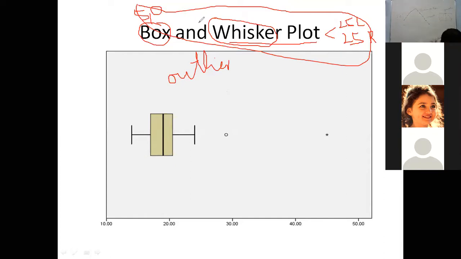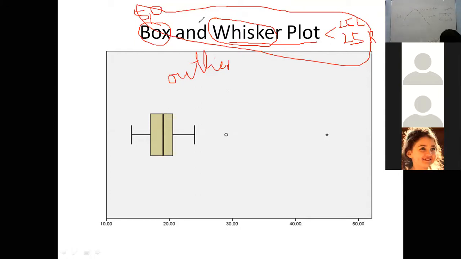Maybe absent. Right. Subaraj. Yes, sir. All right. Can you tell me what is this outlier? What do you mean by outlier?